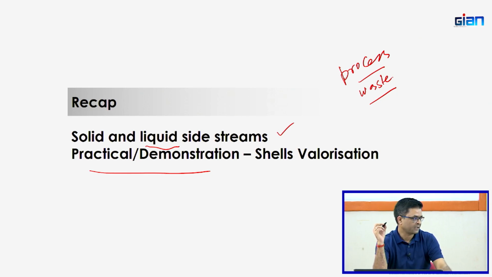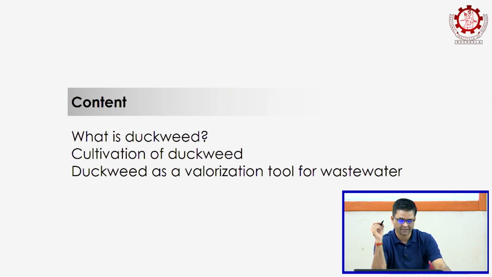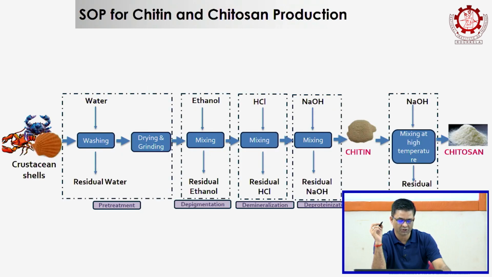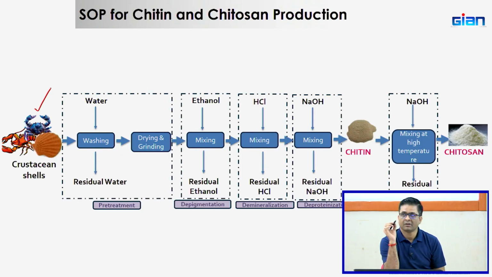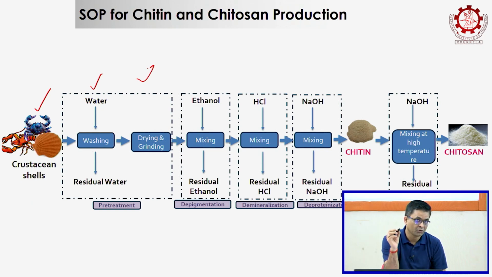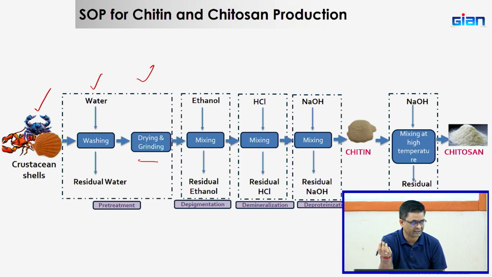So what was practically done yesterday was shells which colleagues from Rourkela got, washed, and already dried. What they did not do was the grinding part. If you grind it, you reduce the particle size, and dissolution becomes faster.